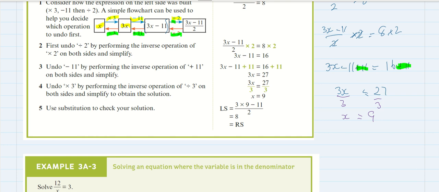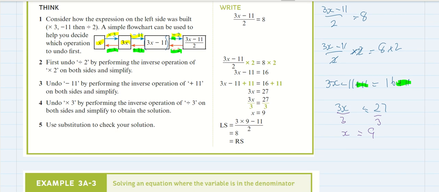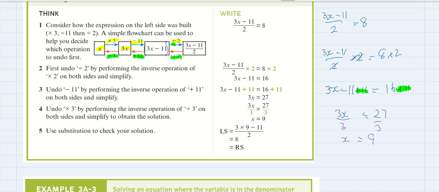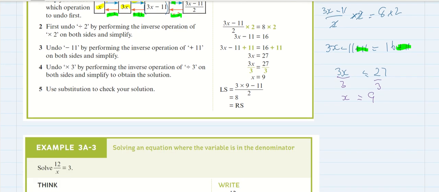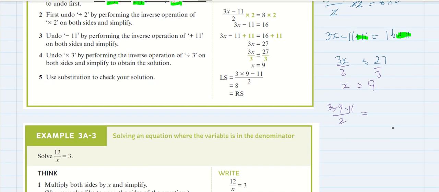Now, we just want to check that. So this is our verification step. Does my left-hand side equal my right-hand side? So I go to my original equation, 3x take 11 over 2 equals 8. So let's do this: 3 times 9 take 11 over 2 equals 8.